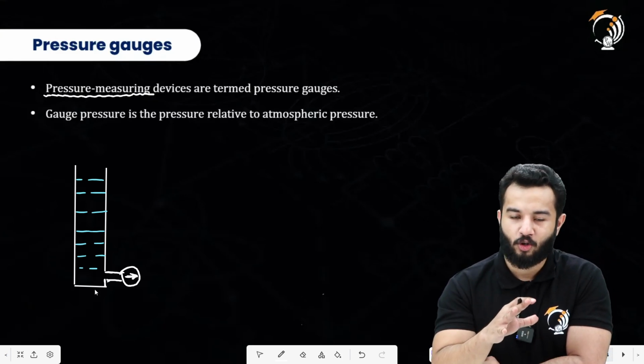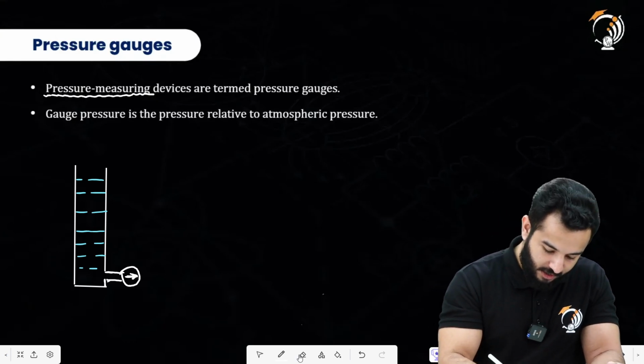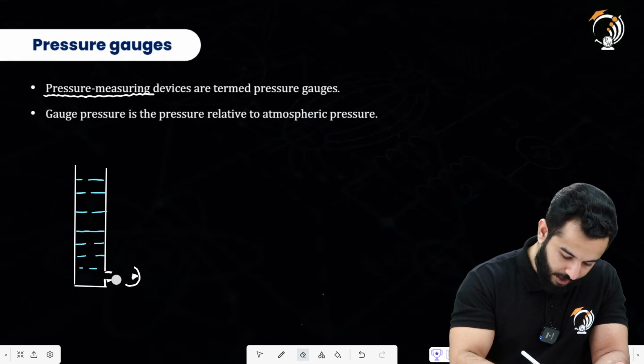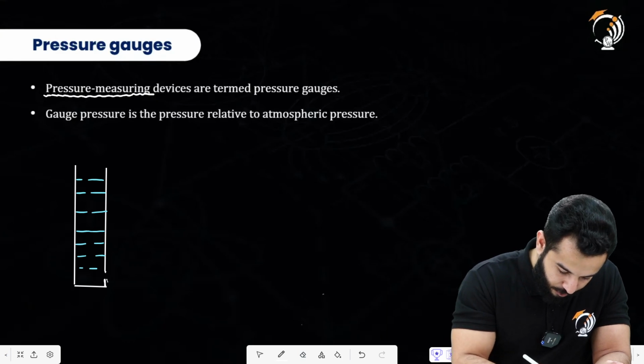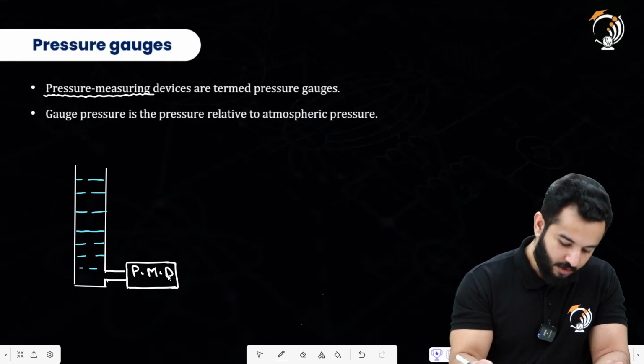Let's suppose we are going to talk about different devices, but as of now, let's just suppose that this is some pressure measuring device. Let me draw it clearly. Let's suppose that at this particular point we have got a pressure measuring device, right?